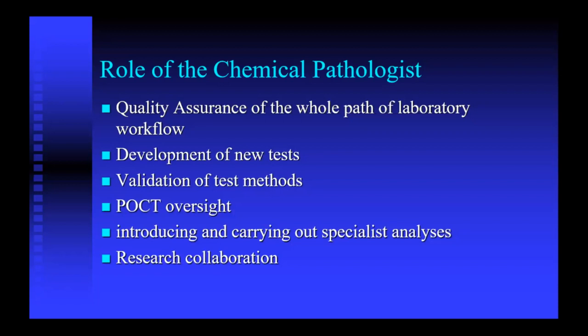But some specialist esoteric tests will involve the chemical pathologists doing it directly, like immunoelectrophoresis, for example. In most institutions that have that running, the chemical pathologists directly have oversight. In the UK, anything electrophoresis has to be directly done by the pathologist and reported. And there are several other esoteric tests that we can offer.